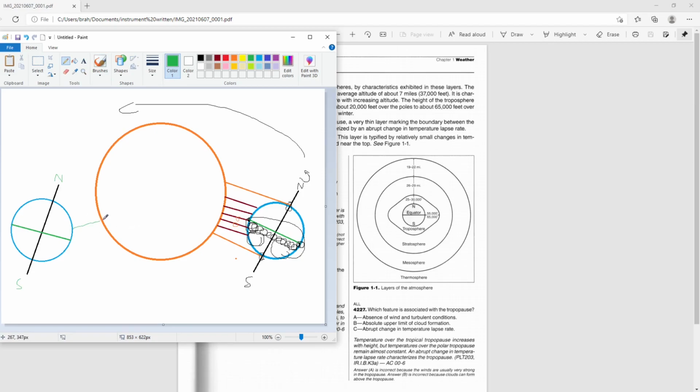Now, what happens here is the exact opposite effect, right? You have it coming right onto the Earth here. And so the shorter area, the warmer area is going to be right above the equator. Well, that just means that on average, the equator is going to be the warmest spot, right? You have it being half of the year right above it, half of the year being right below it, and obviously in between here, it's going to kind of get closer, right? So that just means that the equator is the warmest spot.